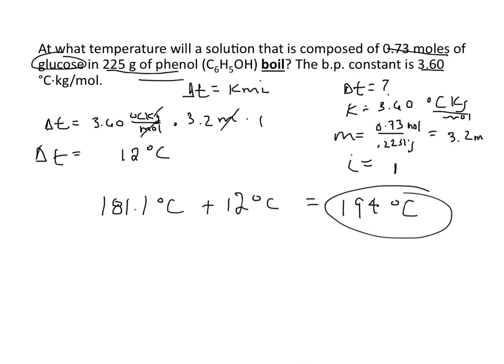All you do is figure out what the solvent's original boiling point is, and subsequently add the change in temperature that's expected to occur based on the equation. So these are the basics of colligative properties for boiling point elevation and freezing point depression.